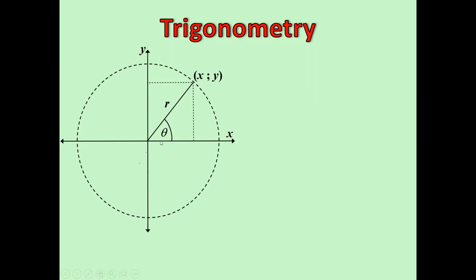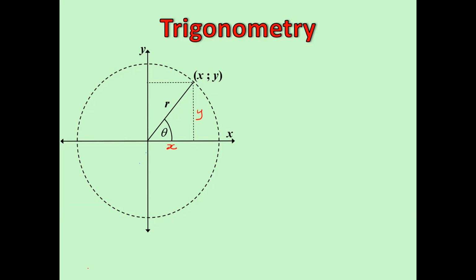So we know this is the X value, and this is the Y value, and we have an R, which is your radius. We can use Pythagoras to find a side when we're given two sides. So that's our starting point.